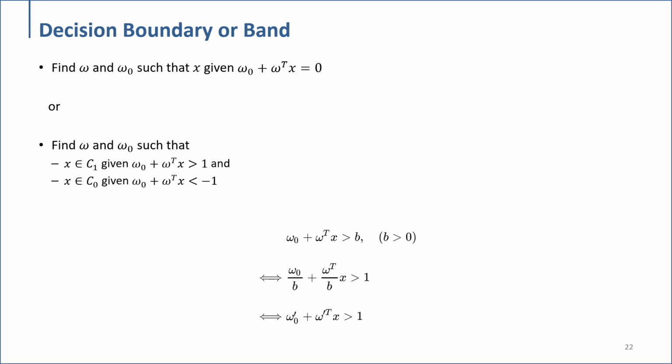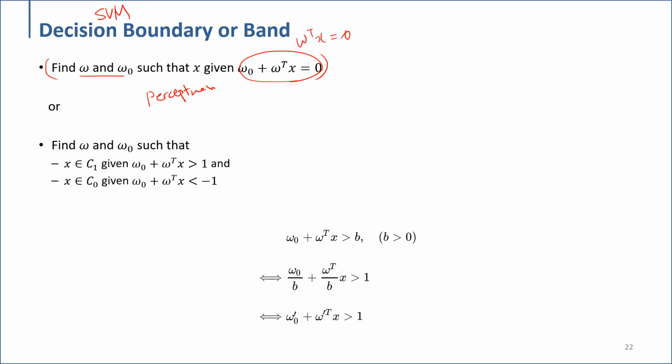By keeping this in mind, let's see the idea of SVM. The idea of perceptron is finding omega such that x satisfies this condition, which means omega transpose x is equal to 0.